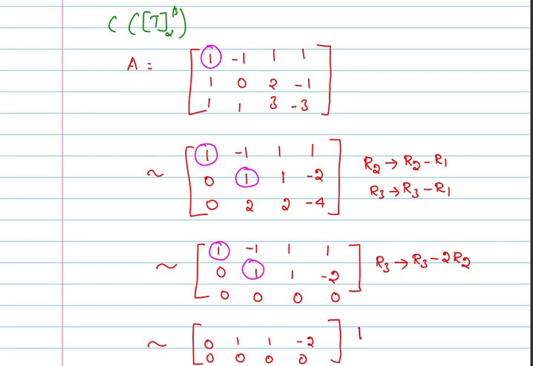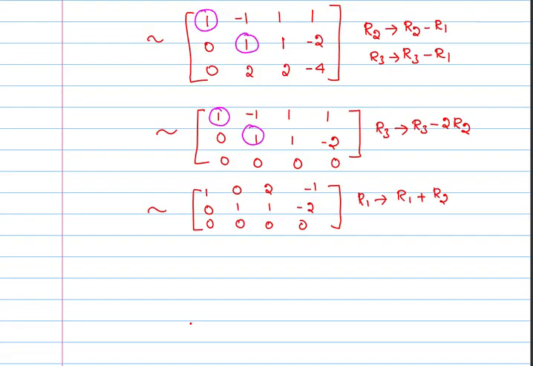Then my R1 is R1 plus R2. So here 1, 0, 2, minus 1. Okay, so this is the row reduced echelon form. Clearly, this is my pivot position and this is my pivot position.